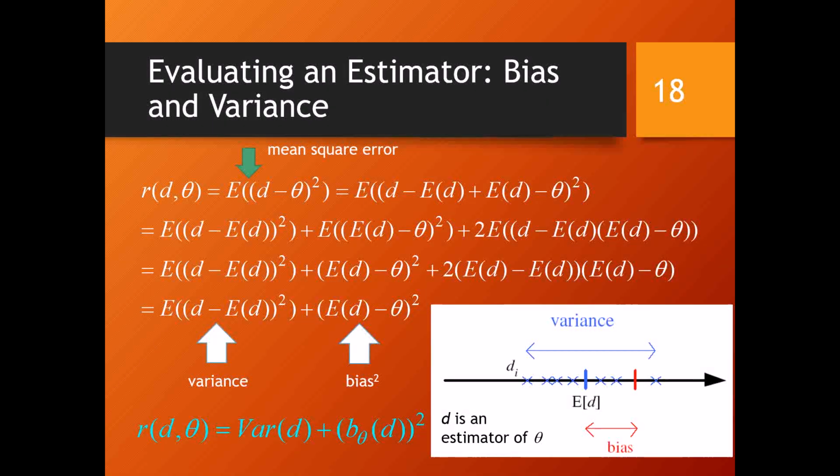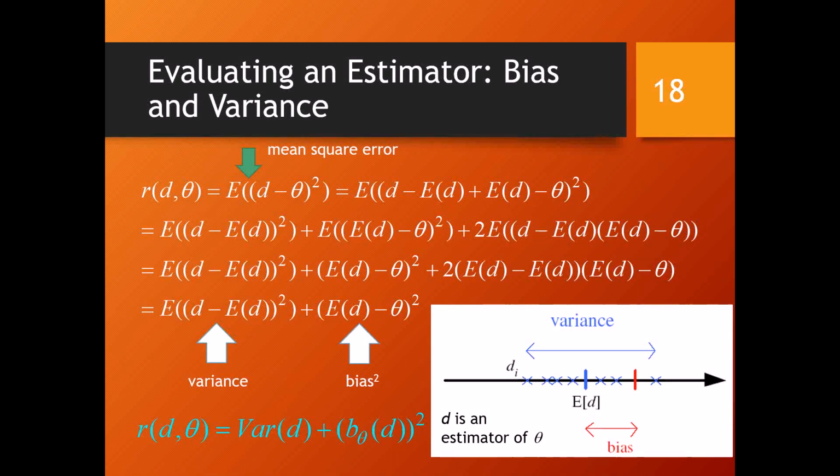You take D minus theta, you subtract the expectation of D and add the expectation of D. So you have done nothing, right? You subtract this and add something here and subtract theta here. So it's still the same as this.